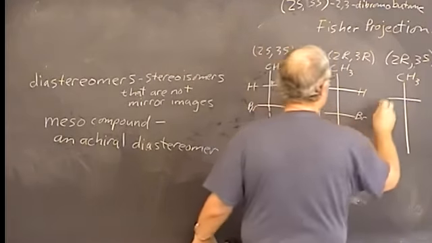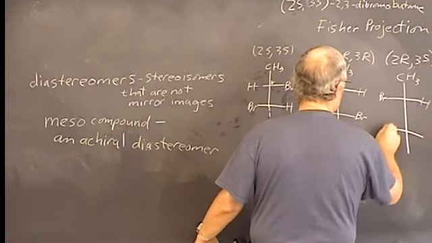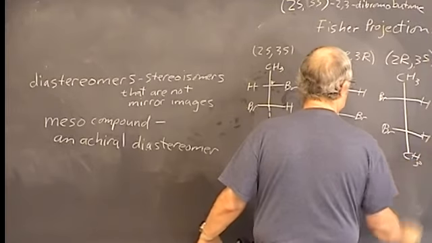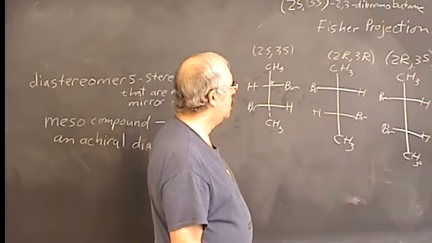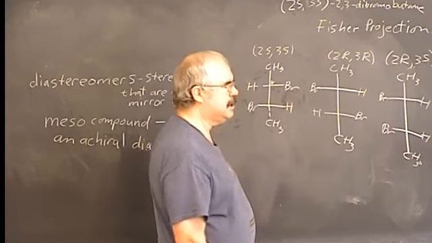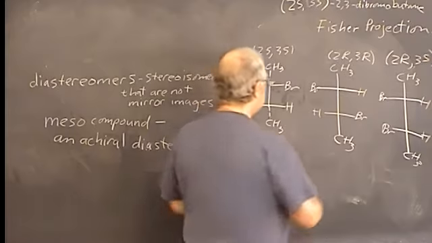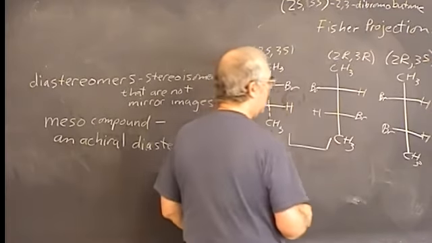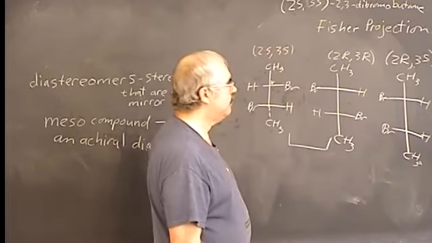This is S, so we'll make it R. Okay, these are all stereoisomers. These are mirror images. These are not. These are not mirror images.